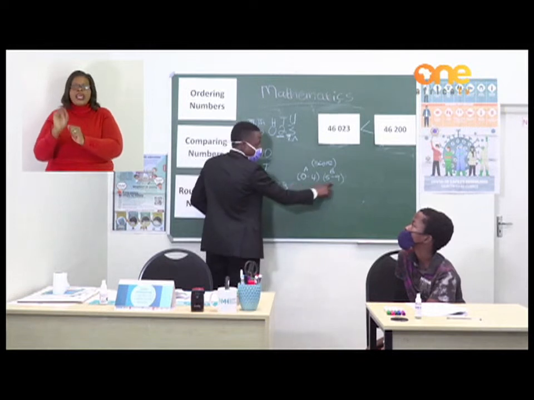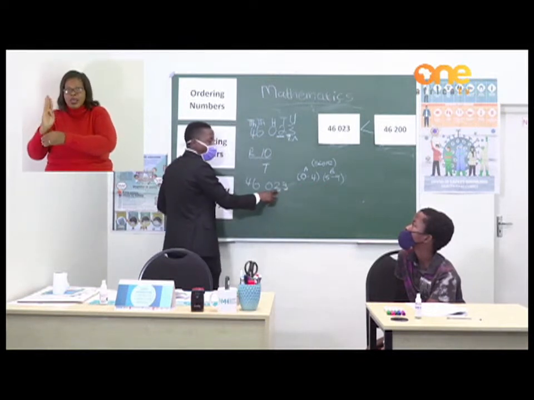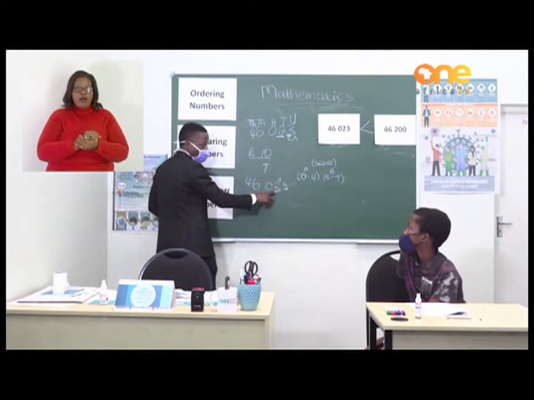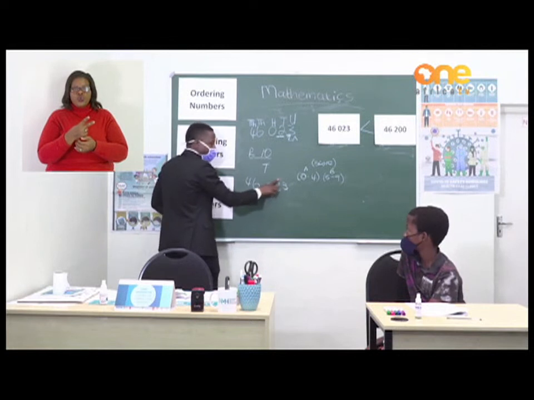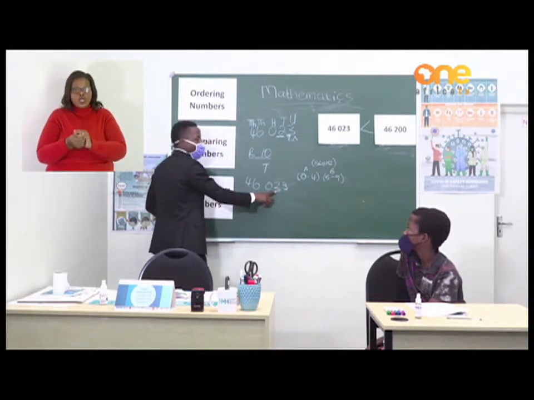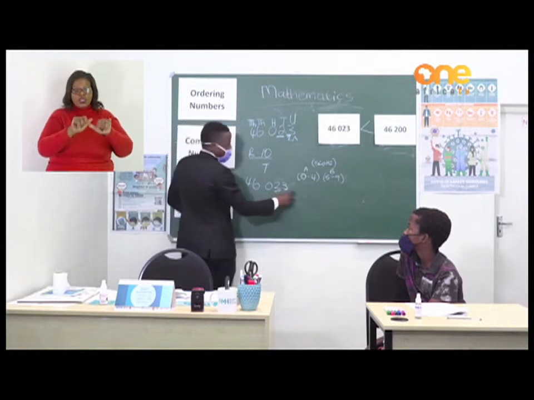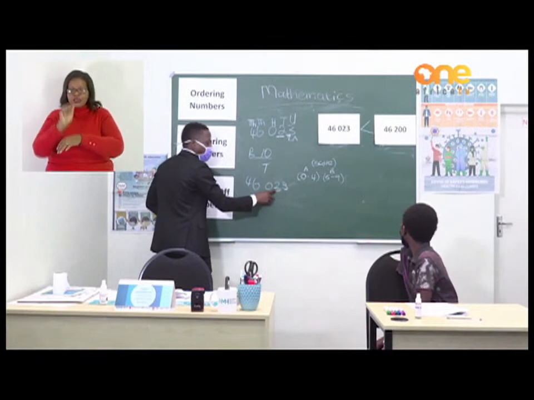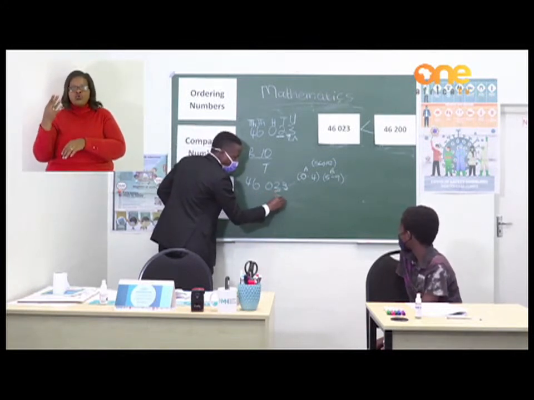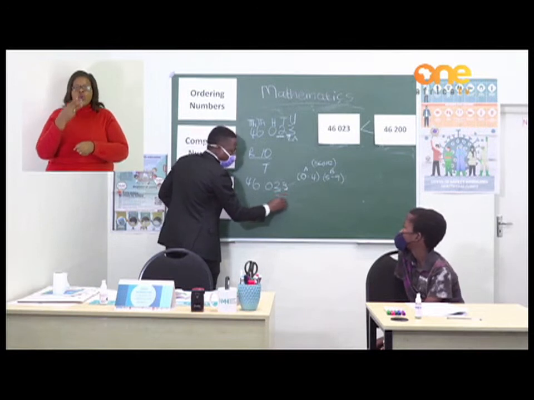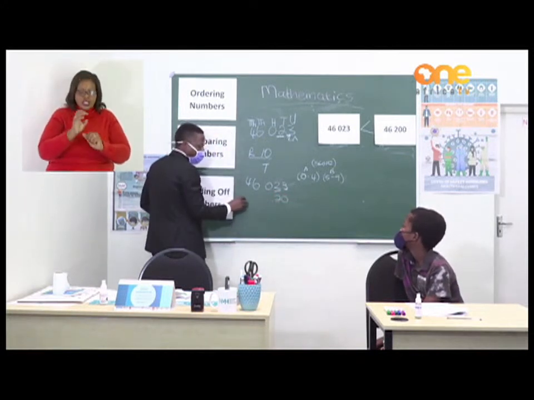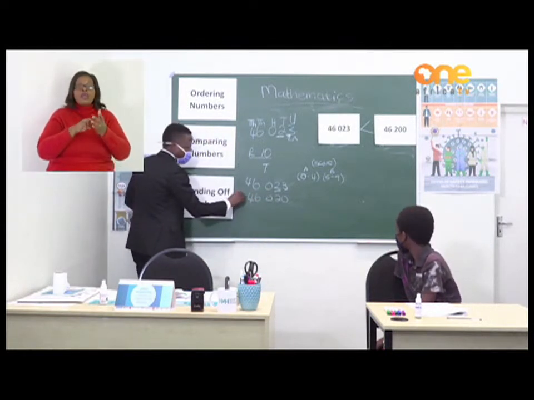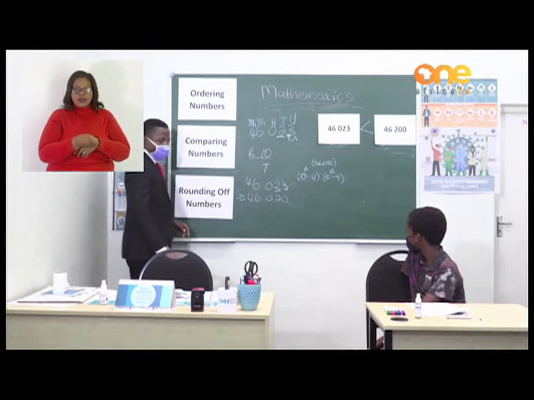If 3 falls in this category, it will change 2, by adding 1 to 2. But if it cannot change 2, 2 will remain the same. I can see that 3 falls in this category, so 3 cannot change 2. 2 will remain the same. In the place of 3, I put a 0. Numbers that come before, I write them as they are. And this is your answer.